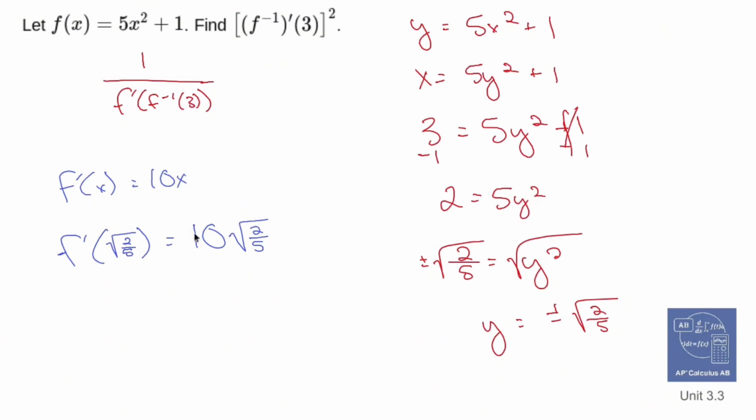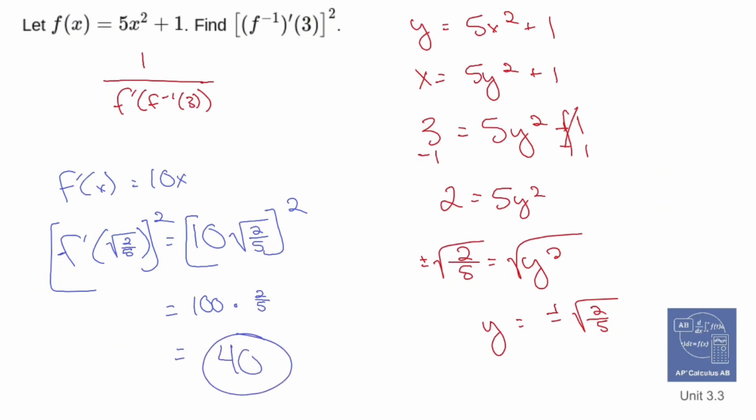It didn't matter which one I chose, positive or negative, because my job is to square it, and either way it becomes positive. So 10 times 10 is 100, root 2 over 5 times root 2 over 5 is 2 over 5, and that gives me 40 in the end. What a strange problem. I hate these.